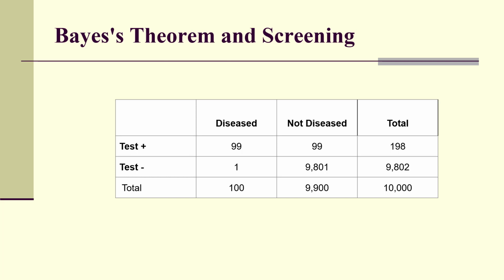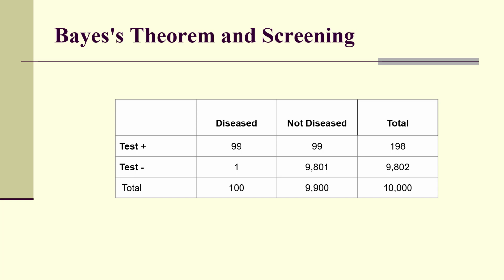Therefore, among the 100 diseased people, 99 will test positive. We also know the specificity is also 99%. Therefore, among the 9,900 non-diseased people, 99 will have a positive test.